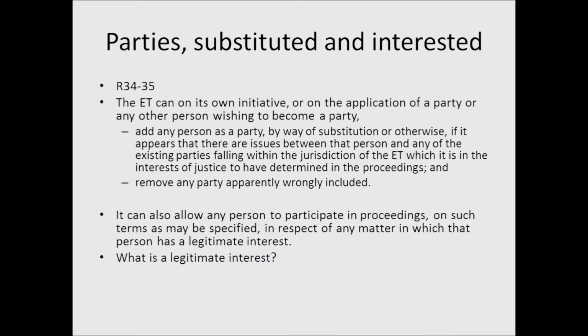Next, I want to talk about parties and substituting parties and also interested parties. The materials on this you can find at Rule 34 and 35. The general rule is that the Employment Tribunal can, on its own initiative or on application of a party or any other person who wants to become a party, add a person as a party by way of substitution or otherwise.